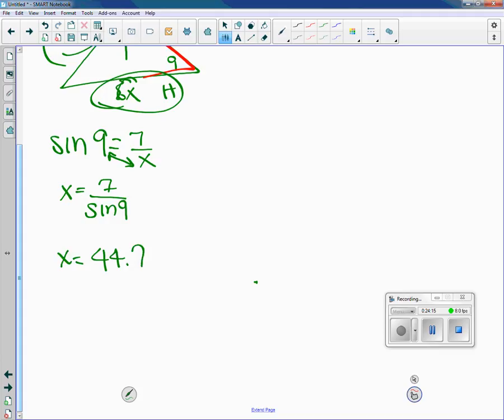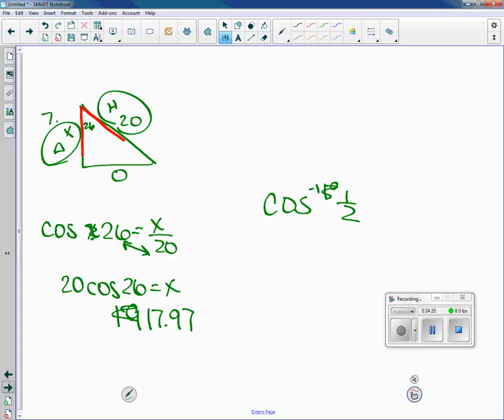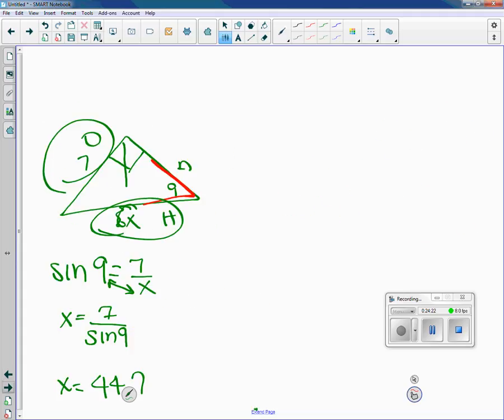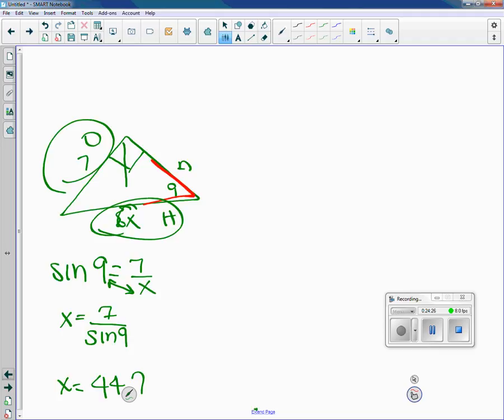Now, what were the other problems I had to do on this page? 11 and 12. All right. 11 looks like this. 48, X, and 37. This is H, A, O. I have values for A and H. Again, you don't need to write all of these. Wait till your problem comes up.